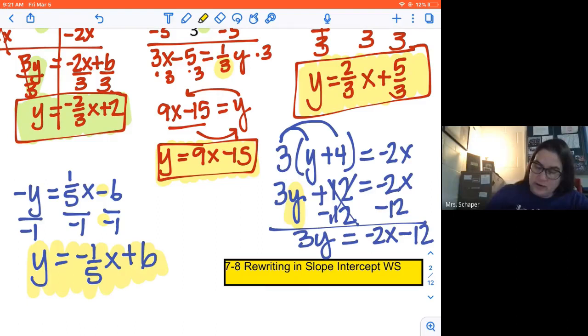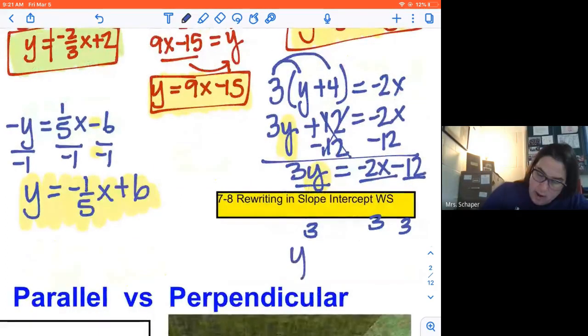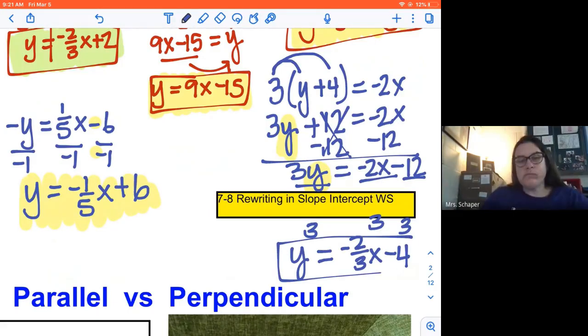And I'm still focusing on getting that y by itself. So I'm going to undo multiplication by dividing everything by 3. So y equals negative 2/3 x minus 4.